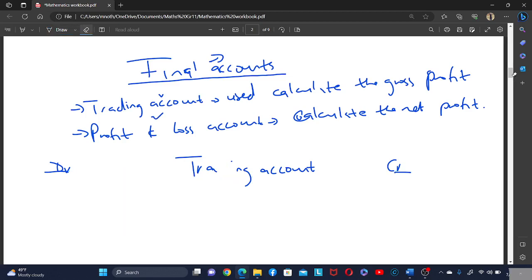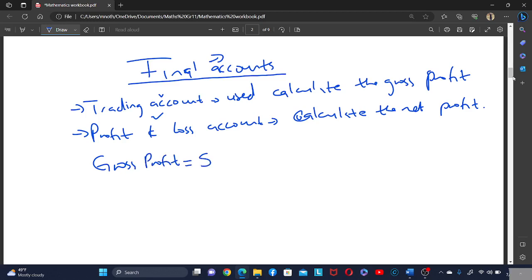Okay, now let's look at this. So the gross profit, how do we get the gross profit? The gross profit is equal to sales minus the cost of sales. That is how you get the gross profit.